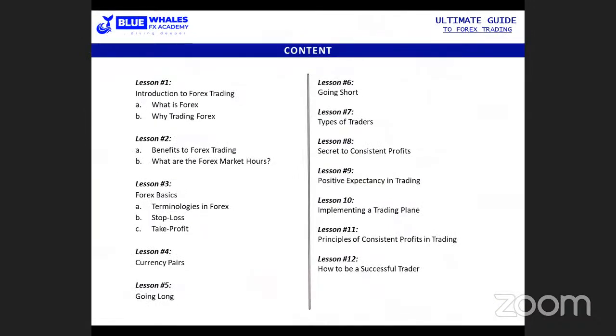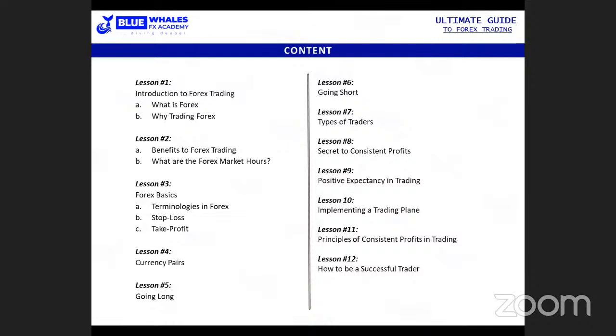Okay, so this is what we'll be covering in this session. Lesson 1, introduction to Forex trading: what is Forex, why trade Forex, benefits of trading Forex, and what the Forex markets are. Lesson 3, basics of Forex: terminologies in Forex, stop loss, take profit, entry levels.